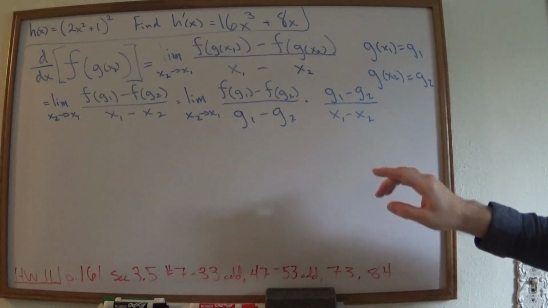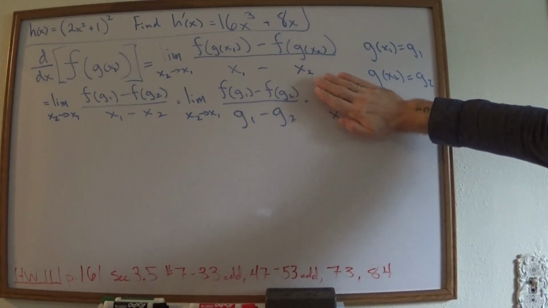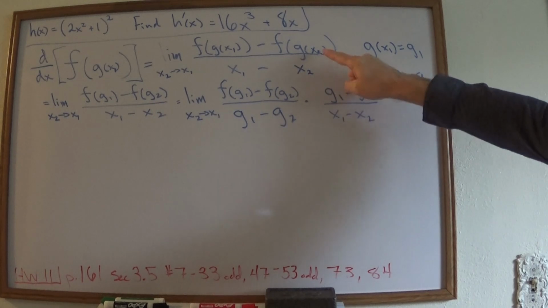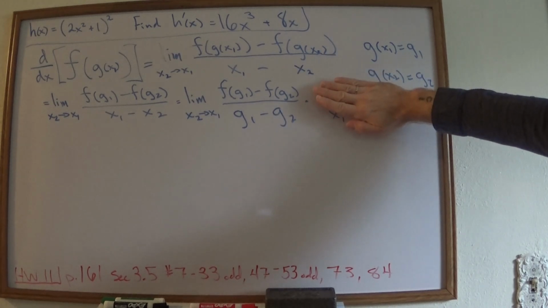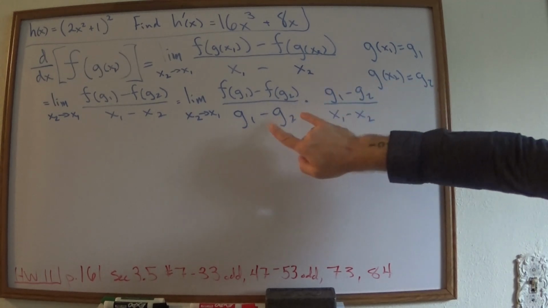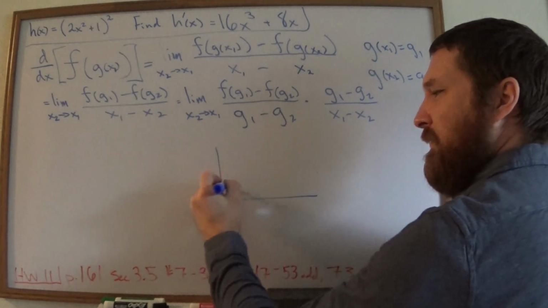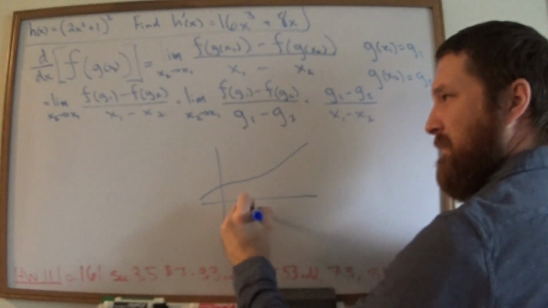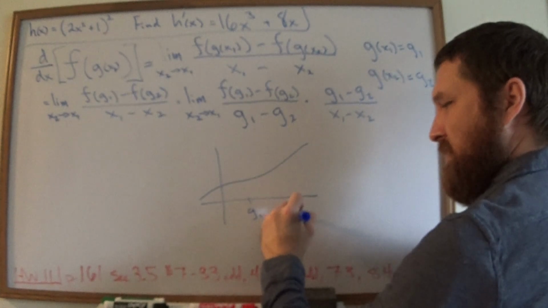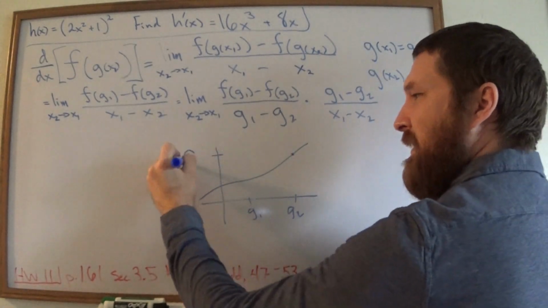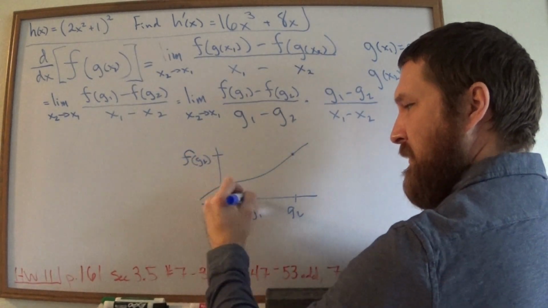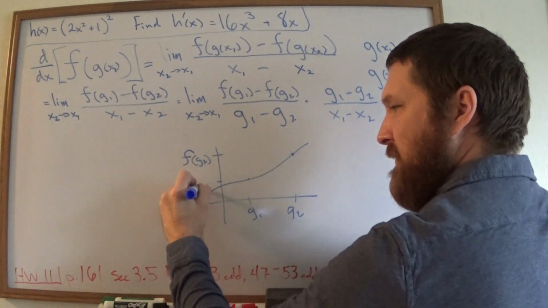That looks almost exactly the same as this, doesn't it? It's like if instead of plugging an x into f, I plug those in. What are we doing here? Well, that's just the difference quotient. Here's f of g2, here's f of g1.